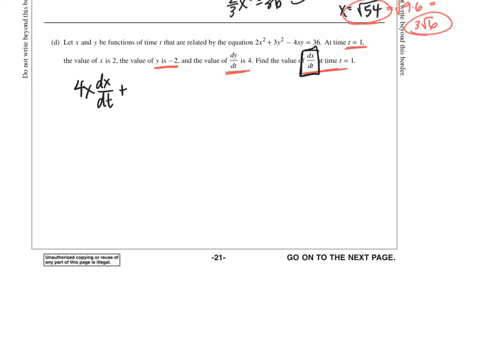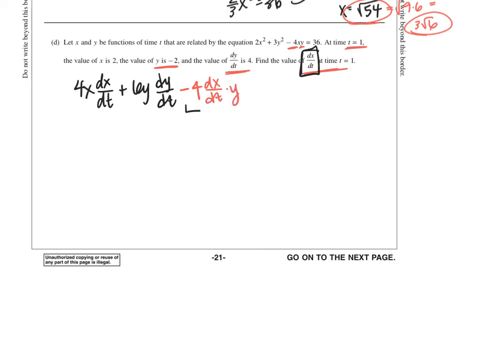The derivative of 3y squared with respect to time is going to be 6y dy dt. Oh my gosh, we've got product rule again, my f and my g. Be careful because we cannot forget that we're differentiating with respect to time. The derivative of negative 4x is negative 4 dx dt times my y.